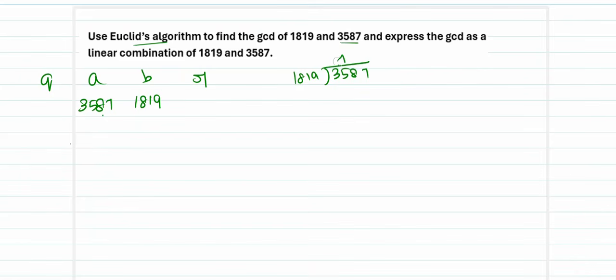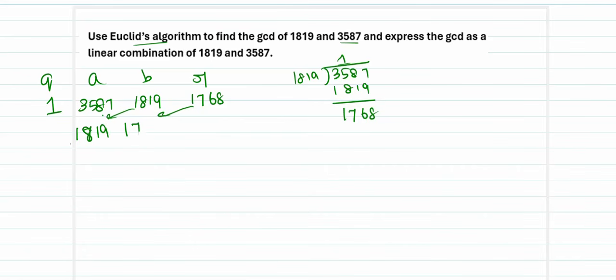You can divide it one time, 1819. So the quotient will be equal to 1 and it leaves a remainder of 1768. So remainder is 1768. The algorithm doesn't stop. You shift the numbers: 1819 to the position of A, 1768 to the position of B.